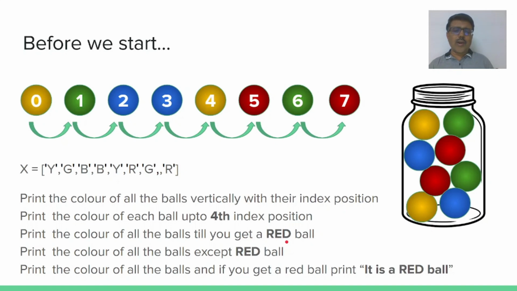So here what happens? Your red ball, you may get it in the first attempt also, or it can be the third attempt or the fifth attempt. Like that we'll be able to get it.